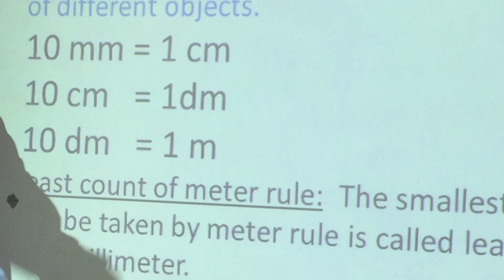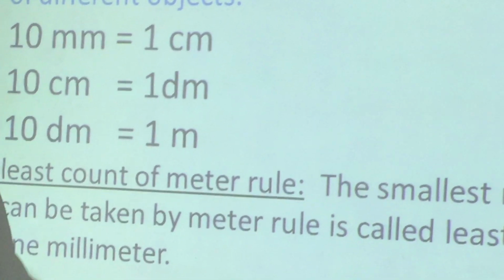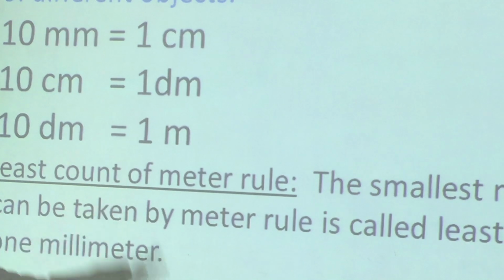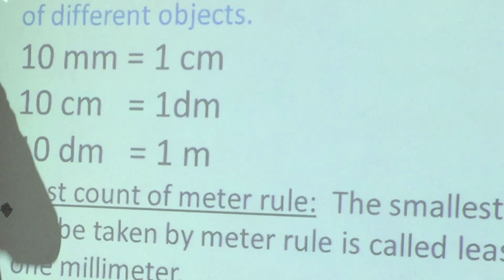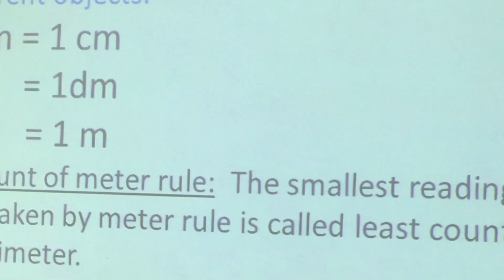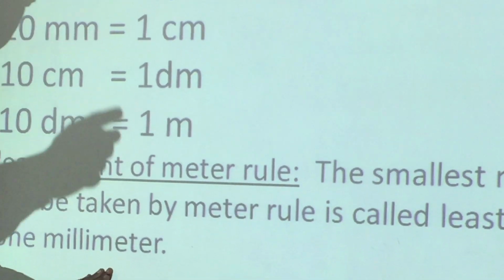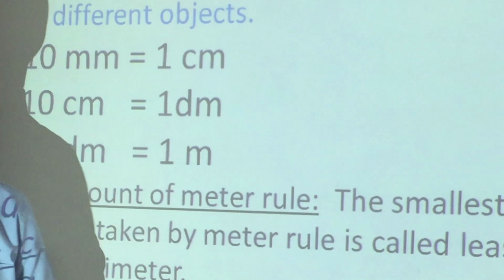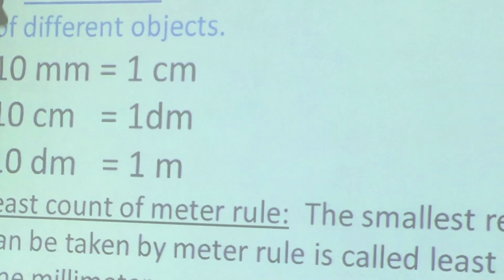Least means minimum, count means to measure. Least count is the minimum amount that an instrument can measure. The least count of the meter rule is 1 millimeter. So on your scale, smaller or bigger, the minimum amount that can be measured is a millimeter.